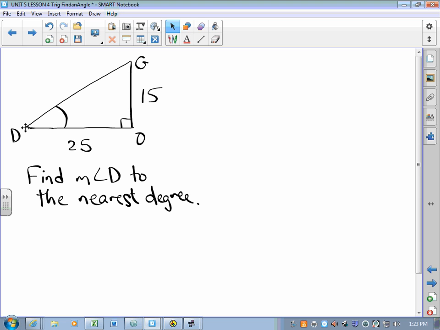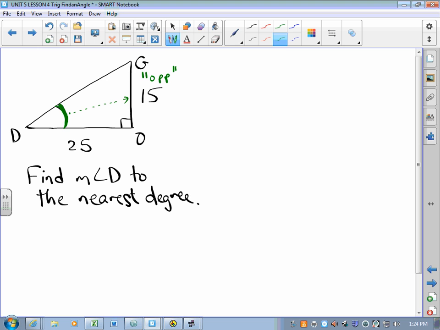And so we get to review everything we learned yesterday. Everything we learned yesterday says I take a look at the acute angle and I identify opposite side, adjacent side, hypotenuse. From that acute angle, the opposite side is the one all the way on the other end of the triangle.